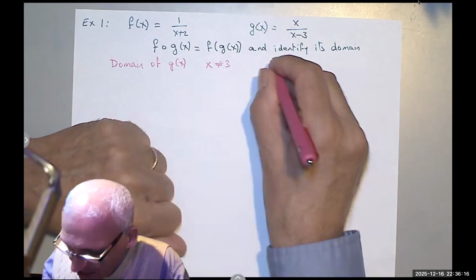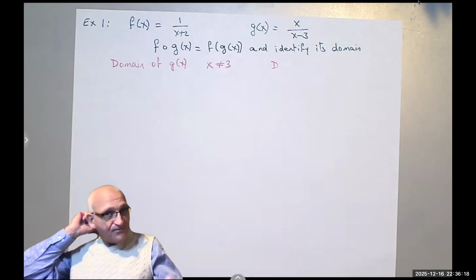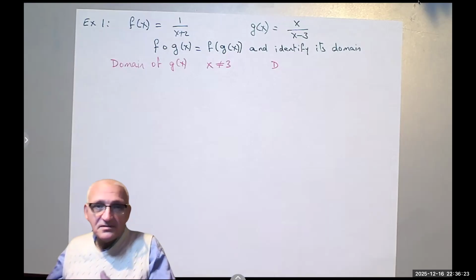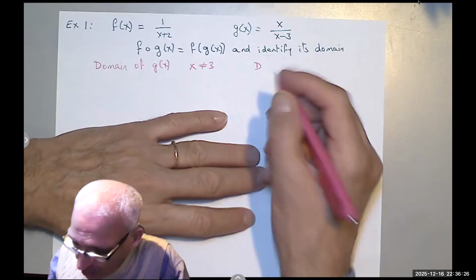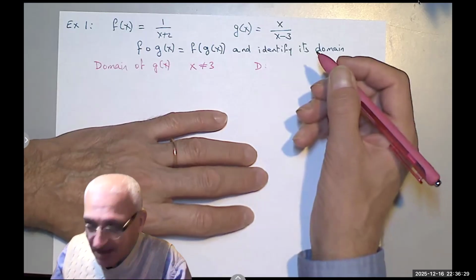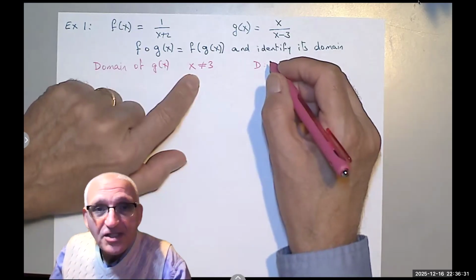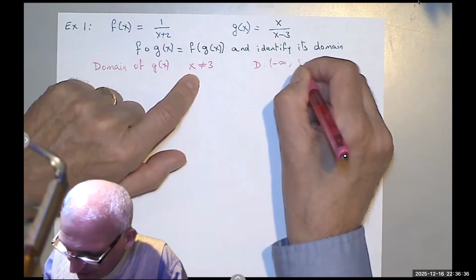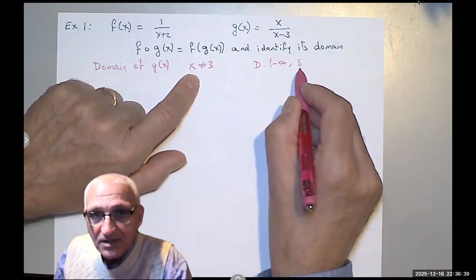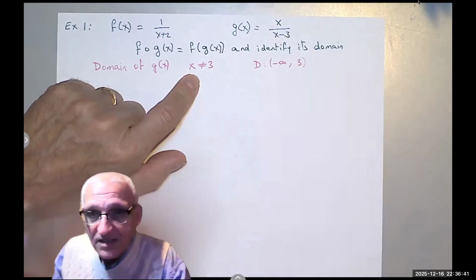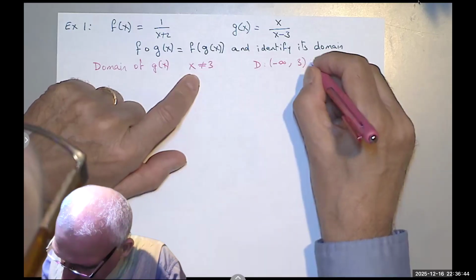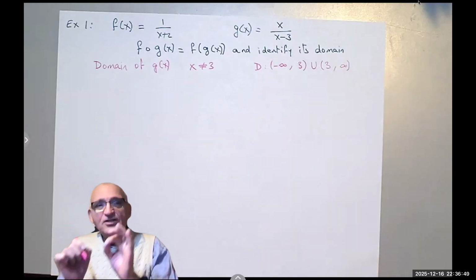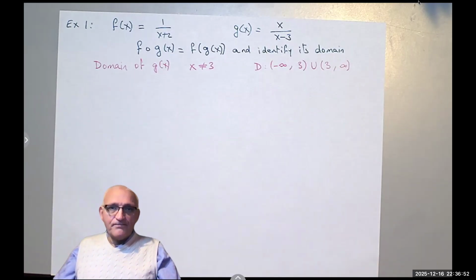If I want to write the domain, I can say x is all real numbers except x equals 3, or if you want to write it as an interval, that of course will be a union of two intervals, negative infinity up to 3, and notice 3 cannot be included, right? We don't want it to be 3, so we use a parenthesis, union 3 comma infinity. So only the value of 3 doesn't work.